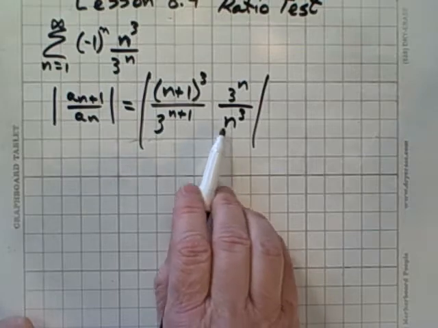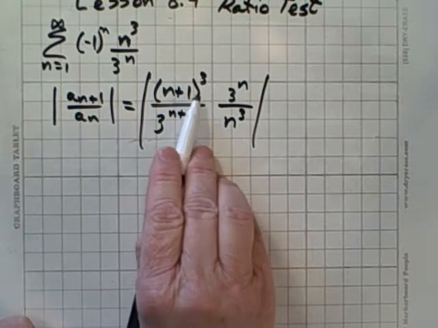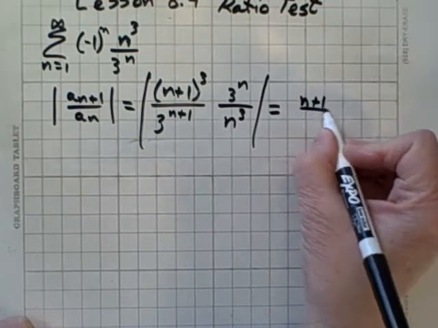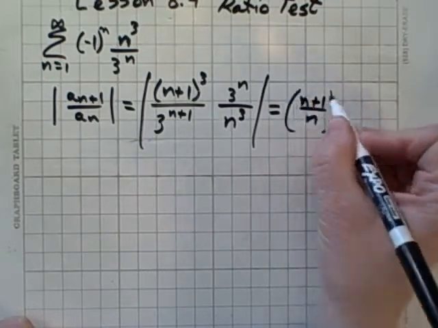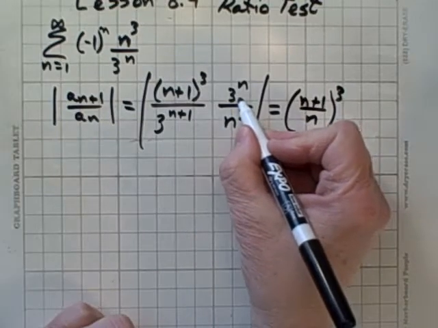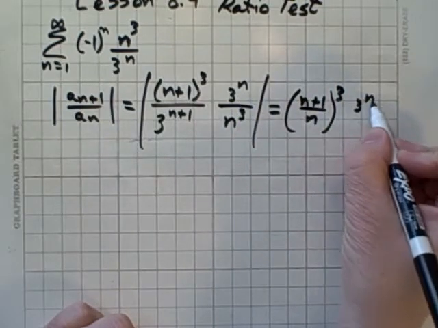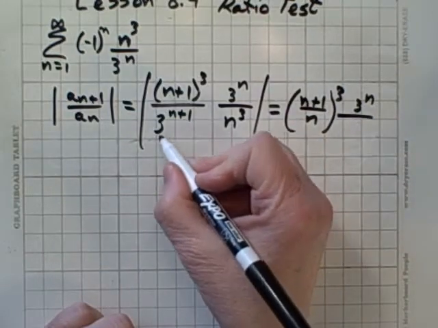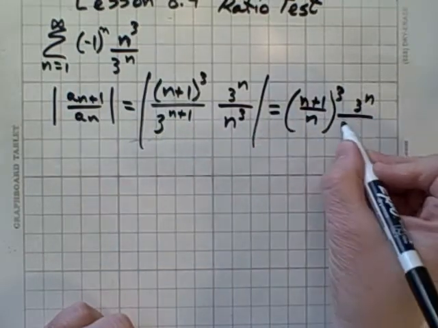Continuing with some algebra, we would probably want to group together the cubes, and we can write it as n plus 1 over n all being cubed, and put the powers together as well, 3 to the n in the top. 3 to the n plus 1 we could break apart into 3 to the n times 3 to the first.